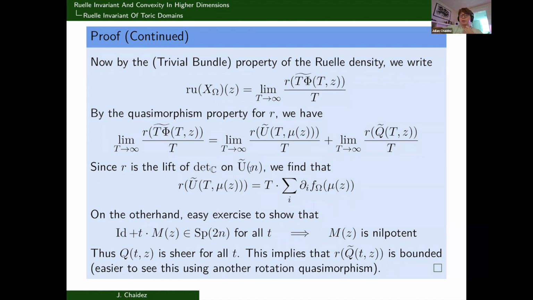So when I take the complex determinant and then lift it, I just get the sum of the diagonal terms, which turns out to be this. And then the other term ends up going away because this Q matrix is a family of shear matrices, and you can show pretty easily that such a family has to have bounded rotation number.